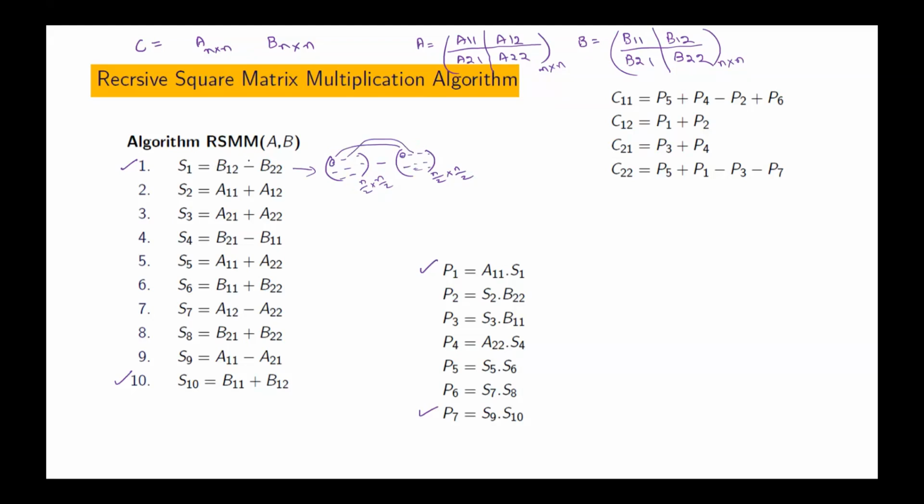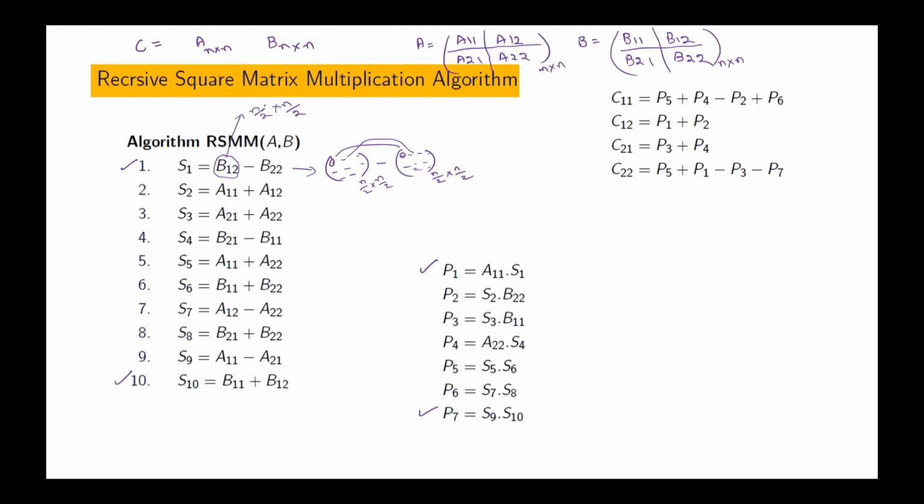What is the order of B12? N by 2. Then how many entries does this matrix contain? If it has 5 rows and 6 columns, in total how many entries are there? 5 into 6, 30.